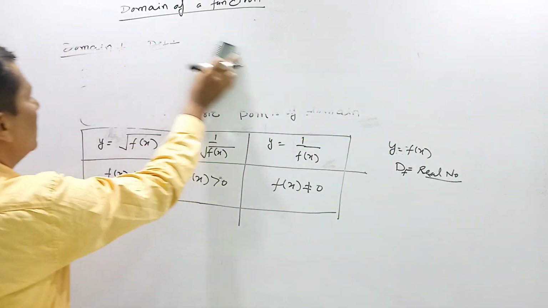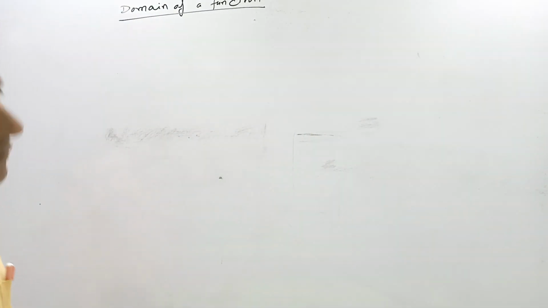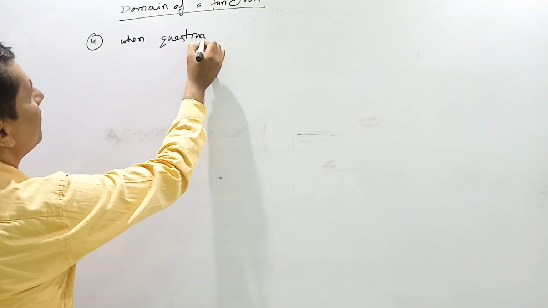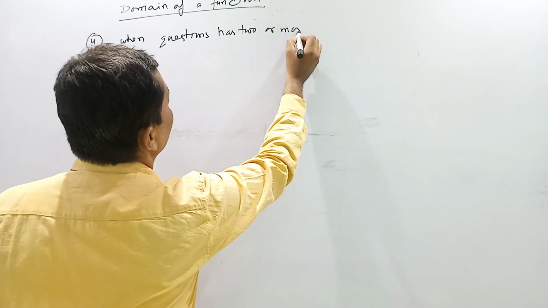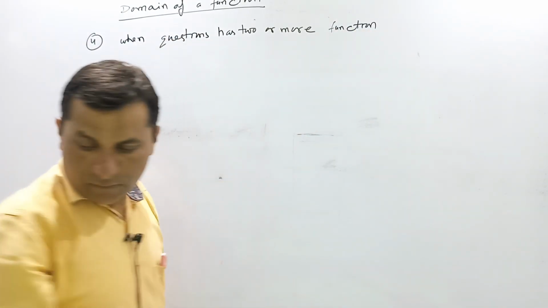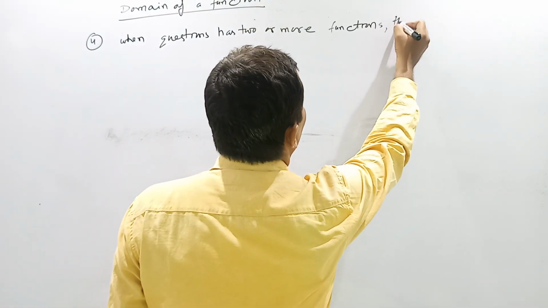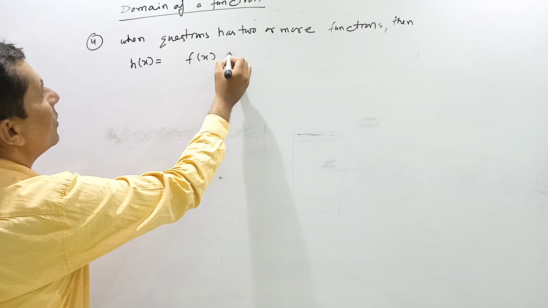Next, fourth point, beta. When a question has two or more functions, then h(x) is equal to f(x) plus g(x).